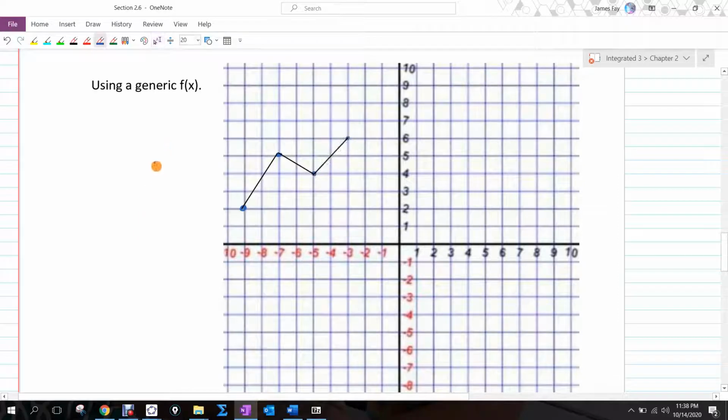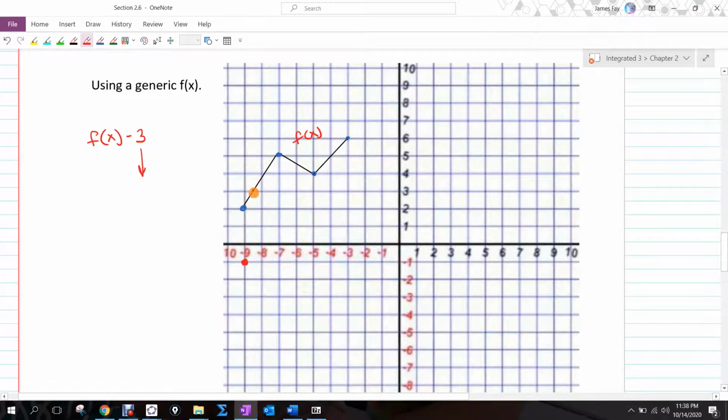I'm going to just call that function f of x. And they will ask, if that's f of x, what does f of x minus 3 look like? All that means is, remember subtracting 3 from the entire function drops it 3 units. So all these y values are going to go down 3 units.